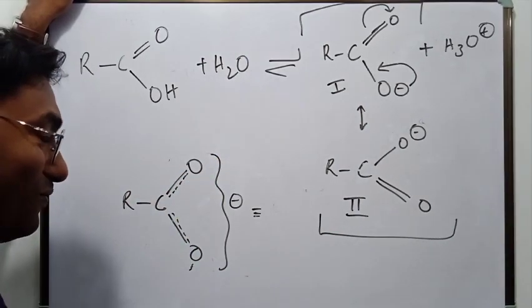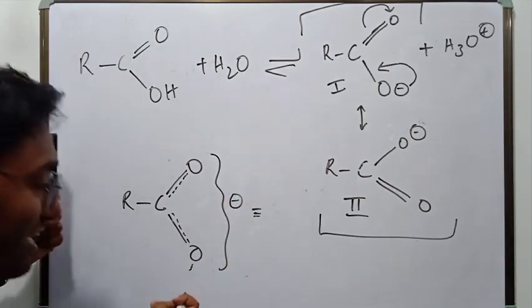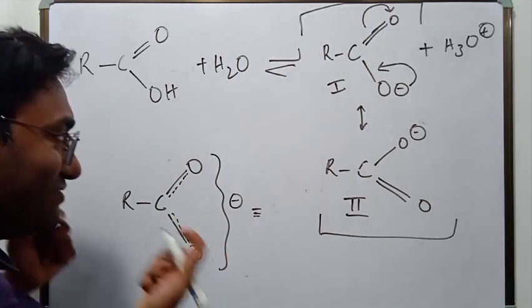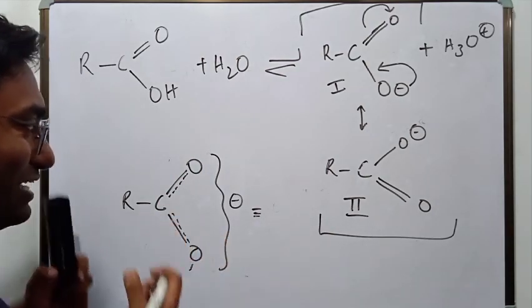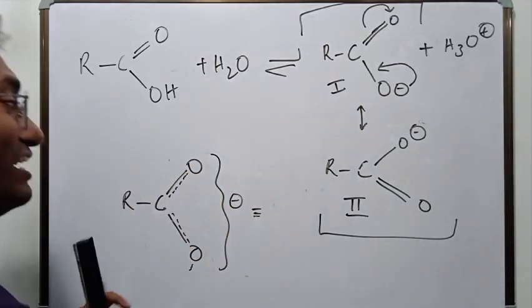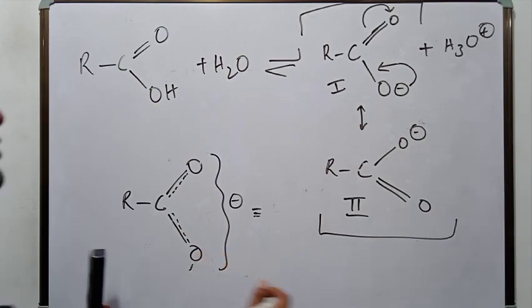Okay. So this electron pair is effectively taken into the orbitals of oxygen, which are electronegative in nature, which are electron withdrawing in nature. Therefore, there is delocalization.